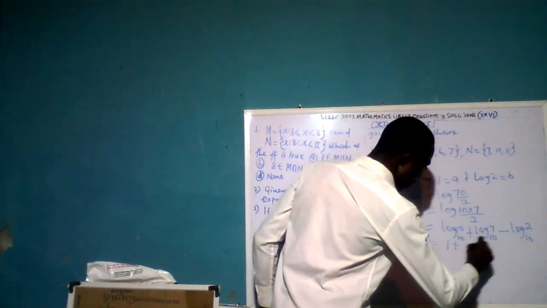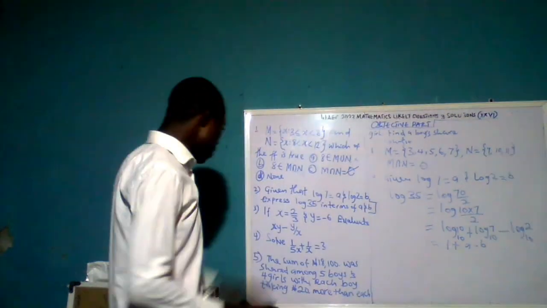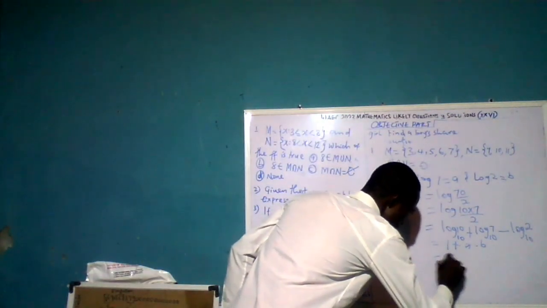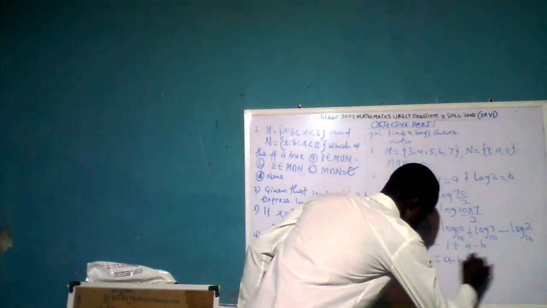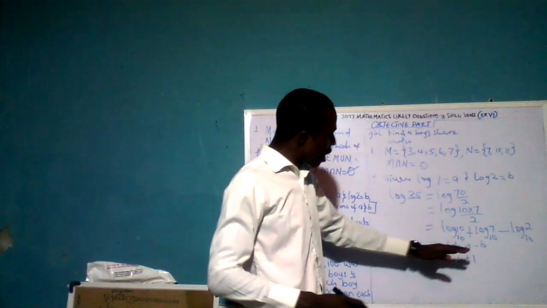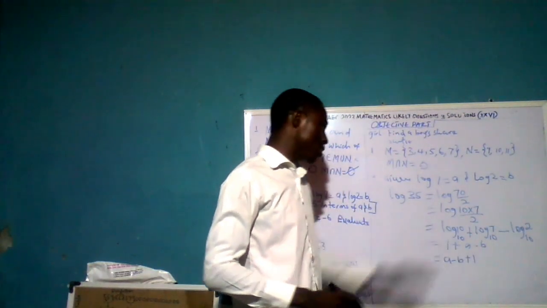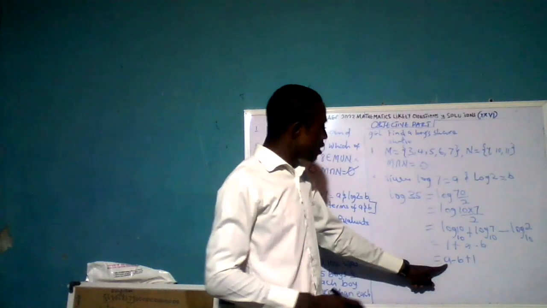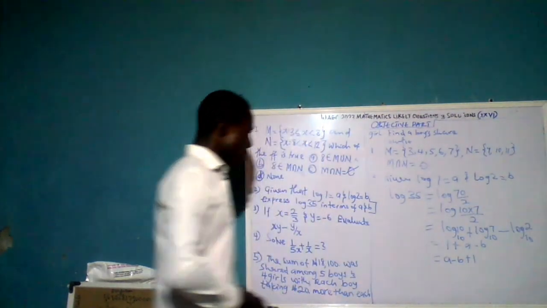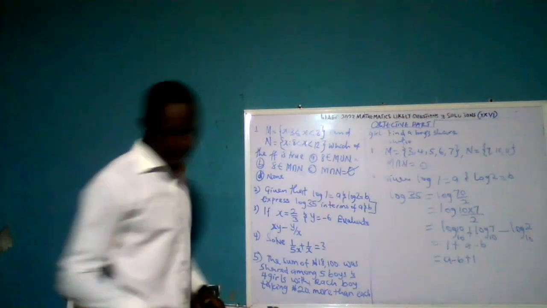Therefore, you have a minus b. In case you have your answer written as a minus b plus 1, just pick it. That's the correct answer. You can't have both in the same option; you will have either this or this in the options. And that is it about question number 2.